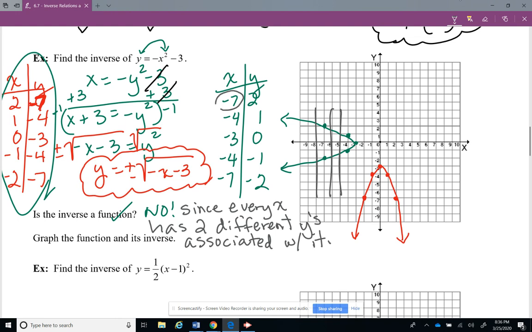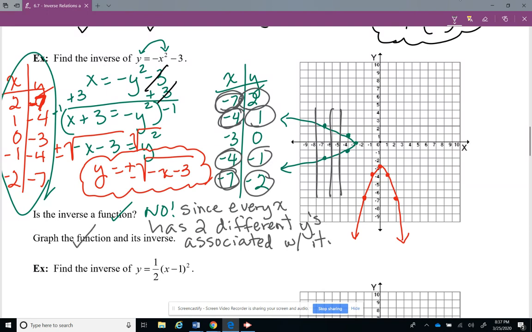Every x, negative 7, has 2 y's associated with it. Negative 4 has 2 y's associated with it. Or we could have said it didn't pass the vertical line test. But if you didn't have the picture, you couldn't really say that. You would have to say every x has 2 different y's.